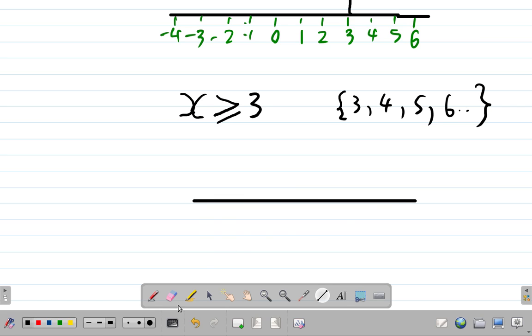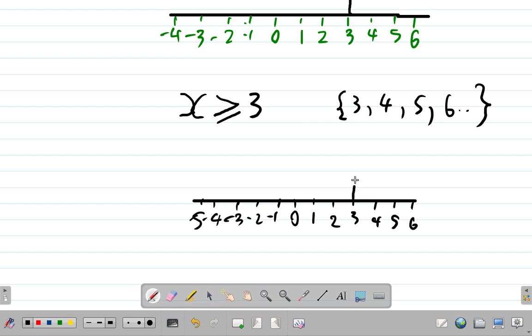Now, the next question is, how do you represent that with the line? We put on the numbers 1, 2, 3, 4, 5, 6, and so on and so forth, and -1, -2, -3, -4, -5, and so on and so forth. But we're looking at 3. So we draw a line above 3.